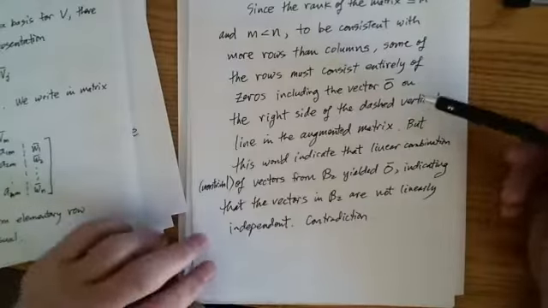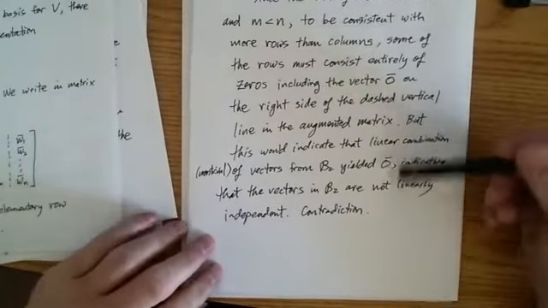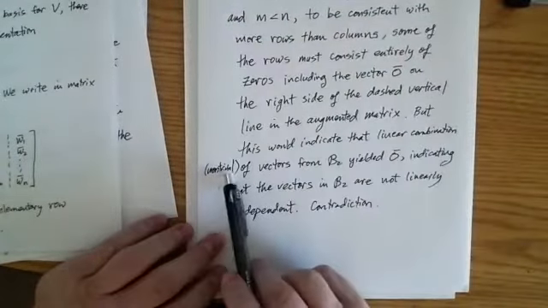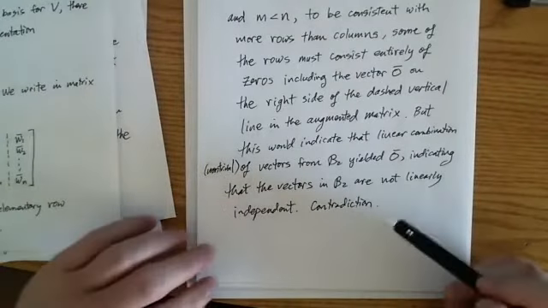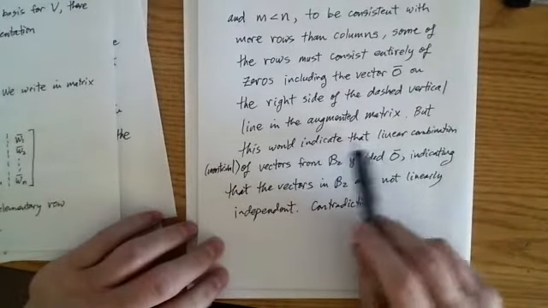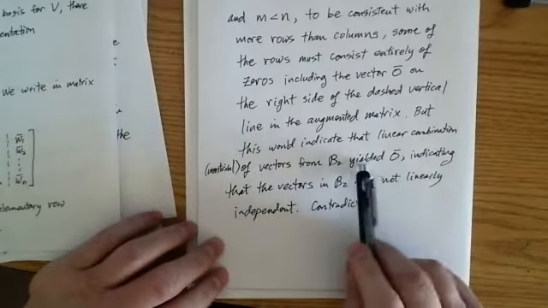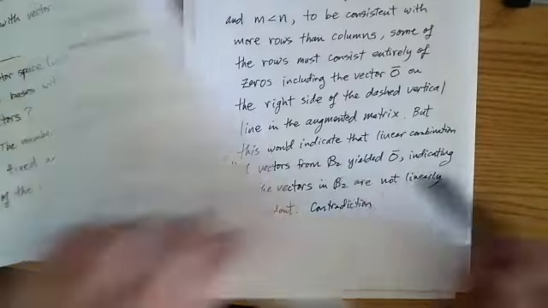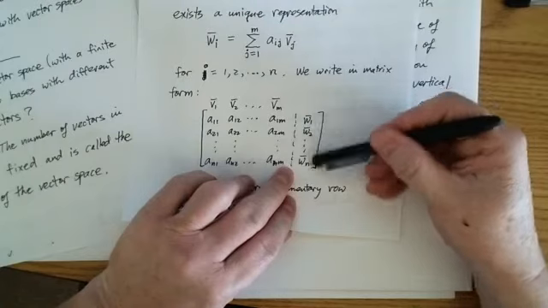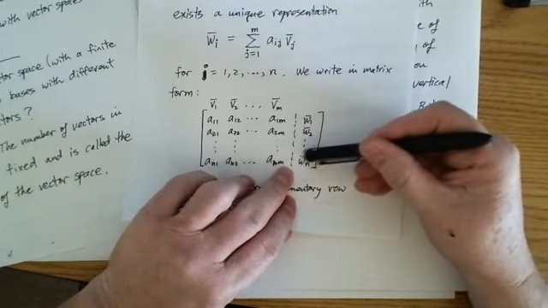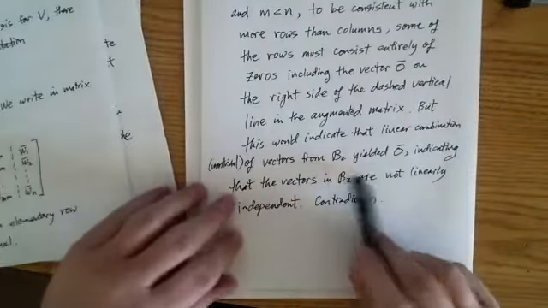But wait a minute, what would that mean? That would indicate there's some non-trivial, meaning not just multiplying everything by zero, linear combination of vectors from B2. When I perform these linear combinations, somehow I got a zero vector, yielding zero.